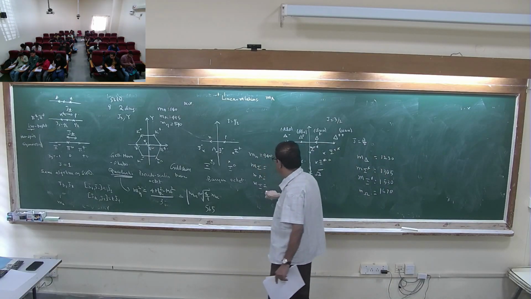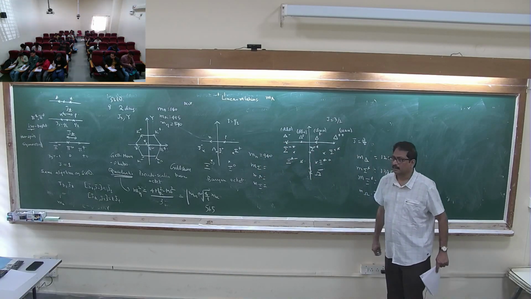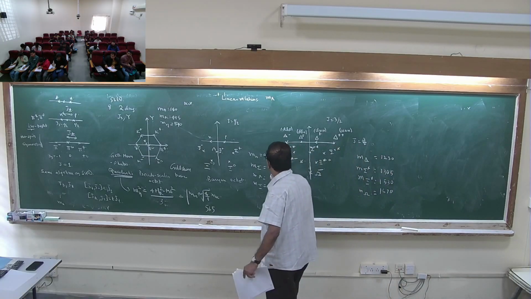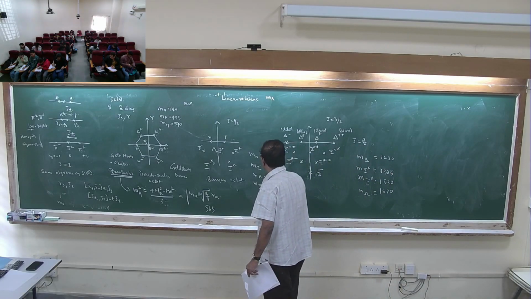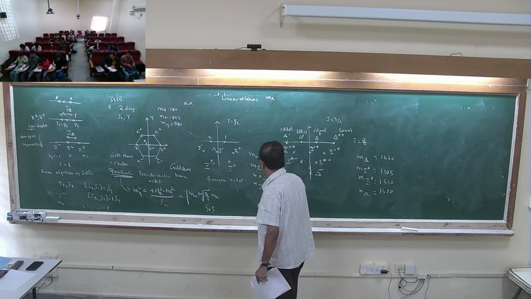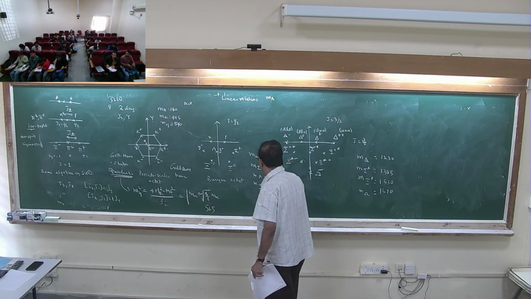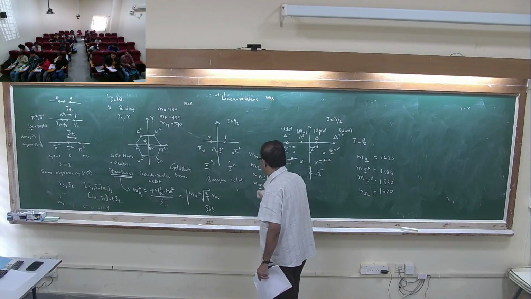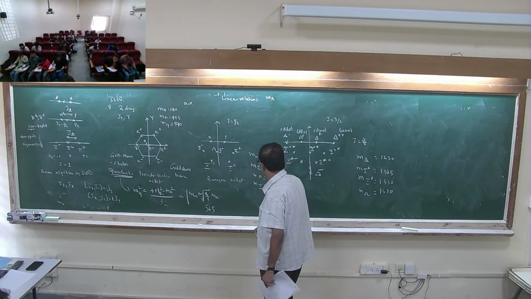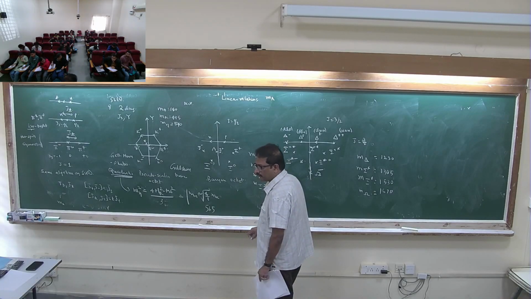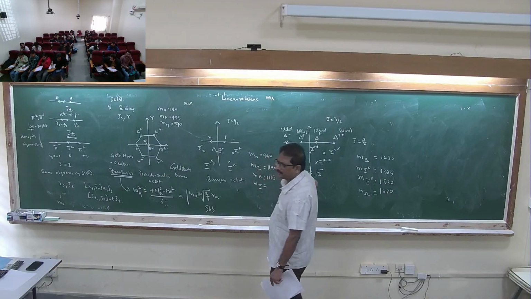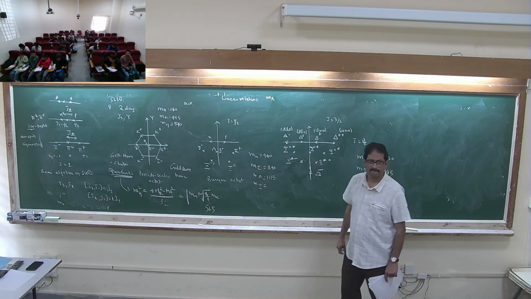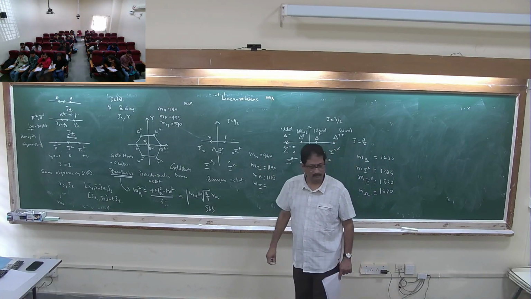m_sigma is around 1190. m_lambda is around 1115. So it's lighter than this. Cascade, capital Xi, it's a cascade, approximately 1315.